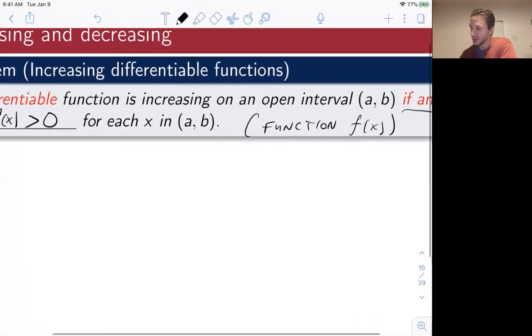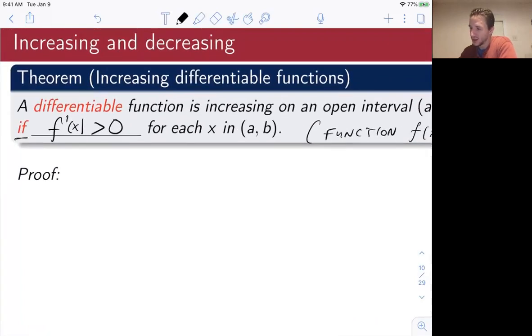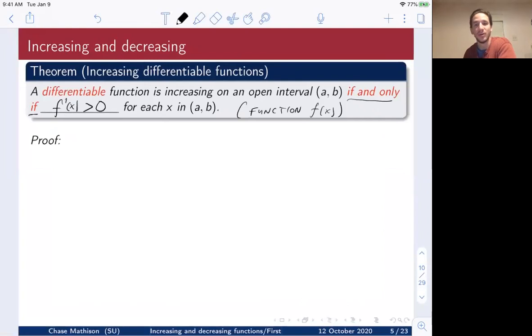In mathematics, this means that we need to prove this both ways. I need to show that a differentiable function that's increasing satisfies f prime of x is greater than 0 for every x. I also need to show that if f prime of x is greater than 0 for every x in the interval, then f of x is increasing.